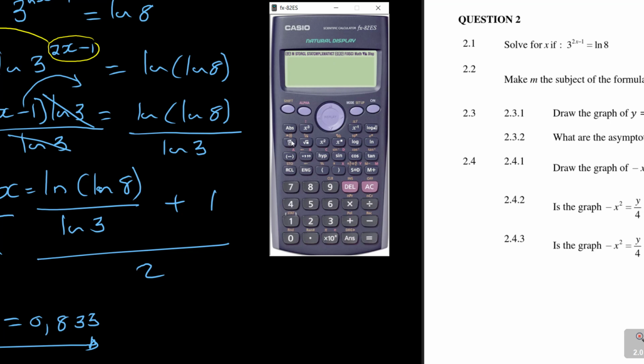You take the original here and say fraction. Let me take it back. It was ln of ln 8, right? I'm taking it back to the original over ln 3, alright, and then it was what? Plus 1 divided by 2. This is the original.